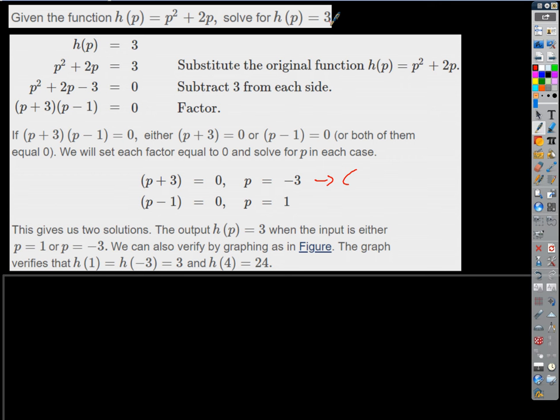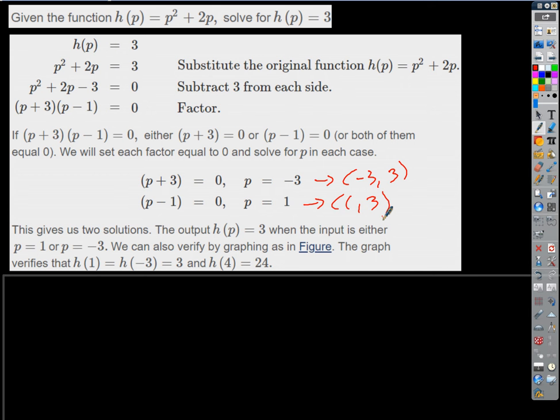Remember back to algebra 1, f of x is just a fancy name for y. So the output of a function, if we graph it on the xy plane, would be the y value. So what's an x value that goes with that y value? Negative 3. So 1 point is at negative 3, 3. What's the other point going to be at? At 1, 3.